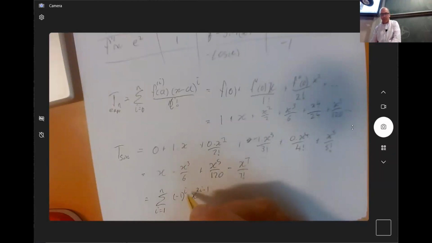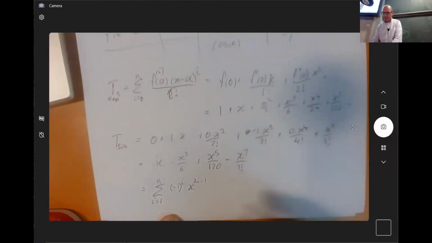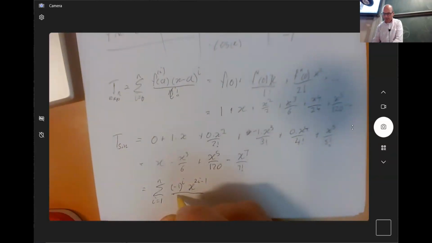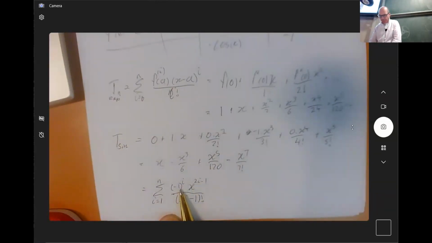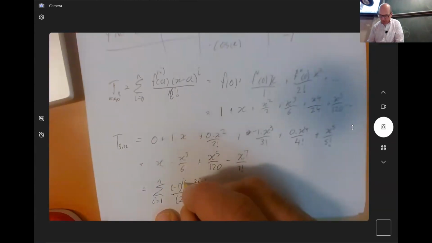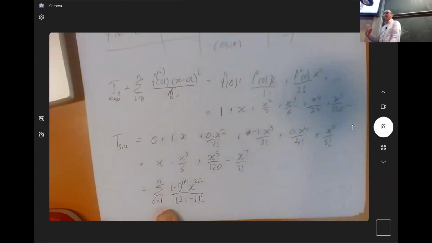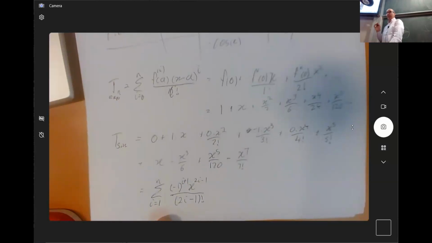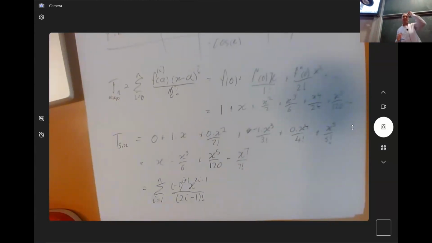I've left a little bit of room because I want to make sure I've got the right power. If i is equal to 1, that will give me x, and this needs to be positive, so I'm going to go plus 1 to make it so I've got the right sign.